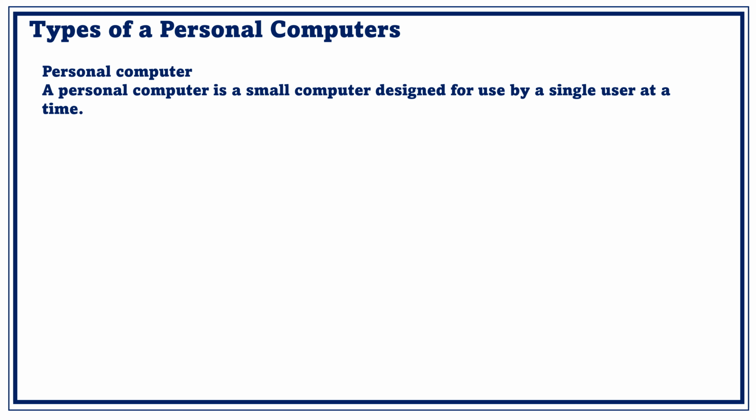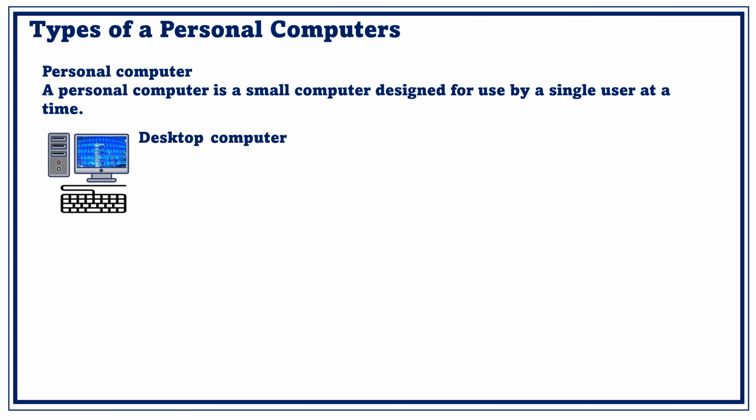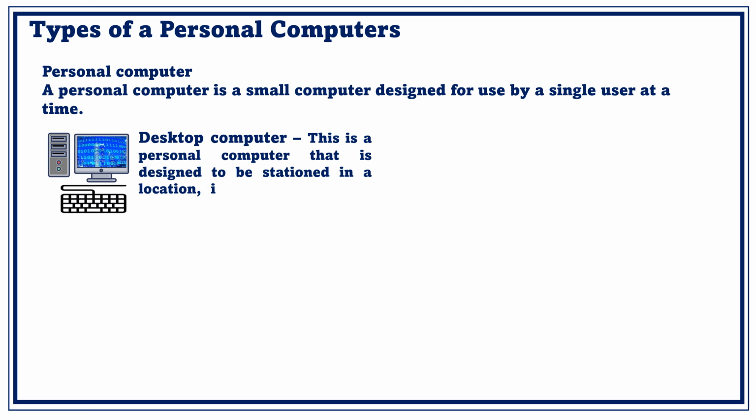There are different types of personal computers in the world at this time, starting with desktop computers, which are personal computers designed to be stationed in a location, for example, under a desk or on top of a desk.